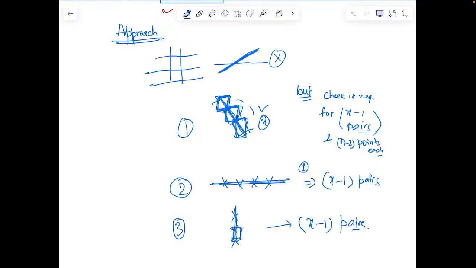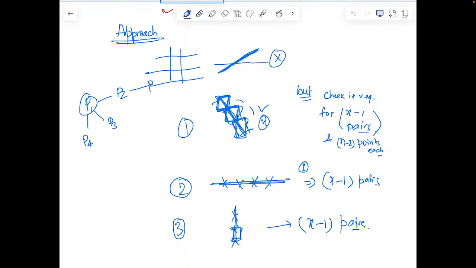How do we first identify slopes? We just have points. Let's say we are at point 1 and we go with point 2, point 3, point 4 and keep extending it.